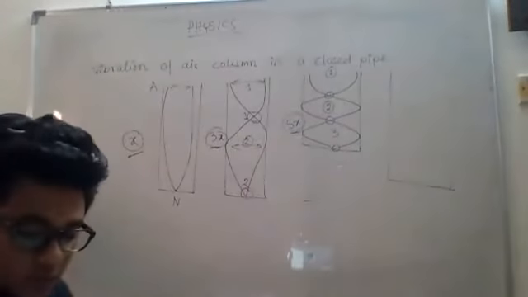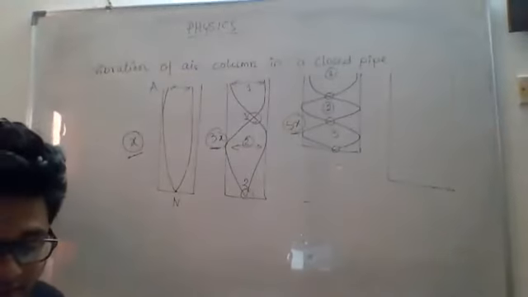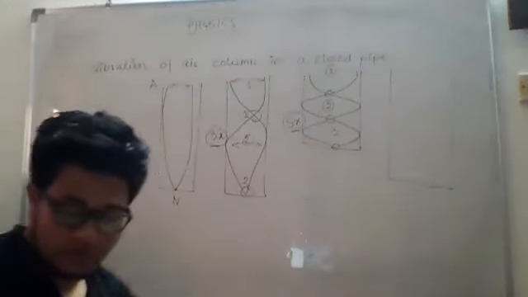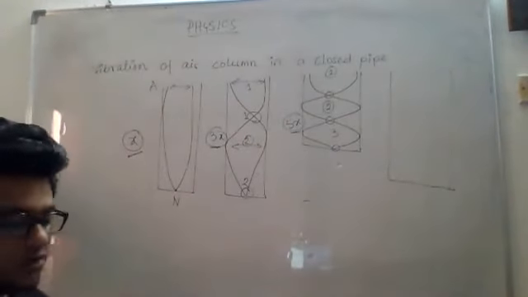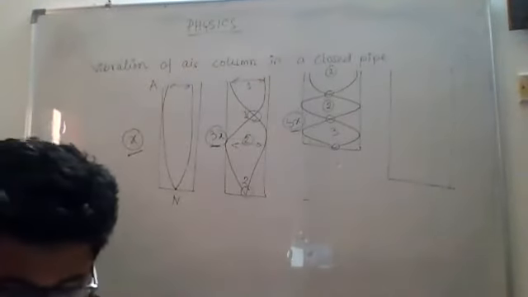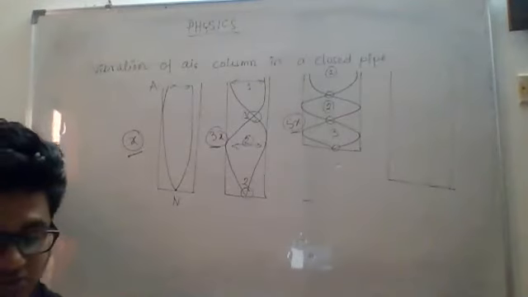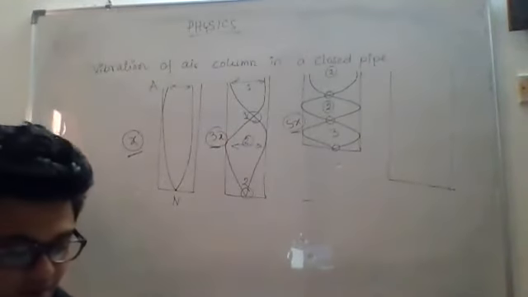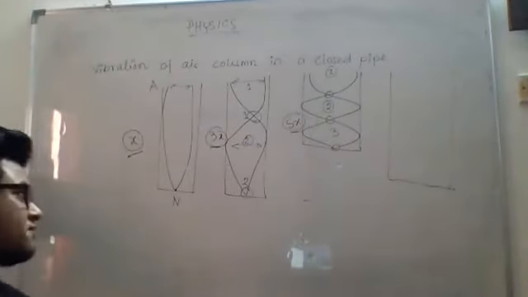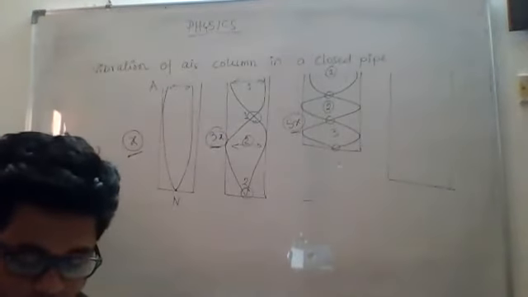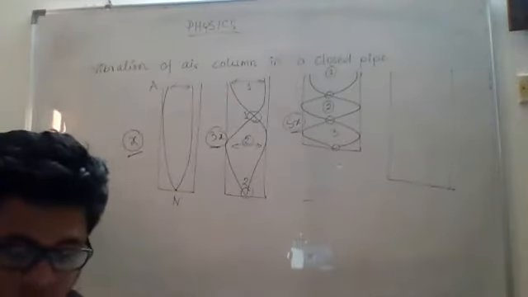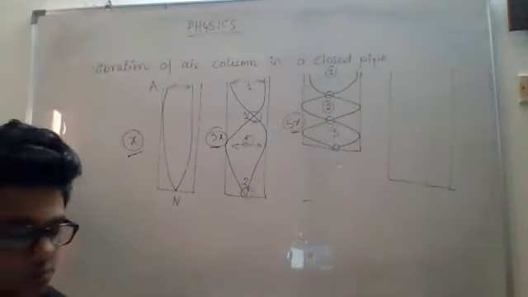Look, again if you blow the pipe even more forcefully, the second overtone will be formed. This is our second overtone, okay, and we will get 3 antinodes and 3 nodes, as I already showed you. Since the frequency of this tone is 5 times the fundamental tone, it is called the fifth harmonic. Okay, so if we blow the open end even more forcefully, third, fourth, etc. overtones will be produced.